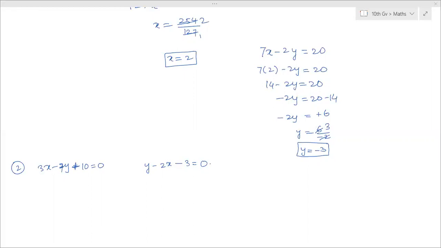In third question, multiply with 10 first. Then it will be easier. Multiply both the equations with 10.